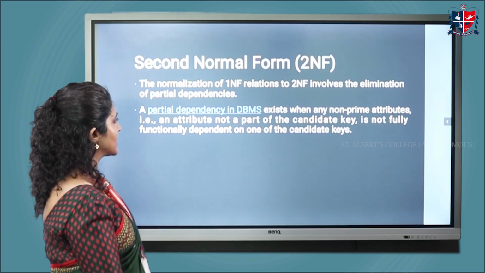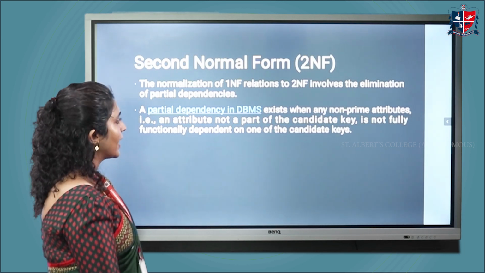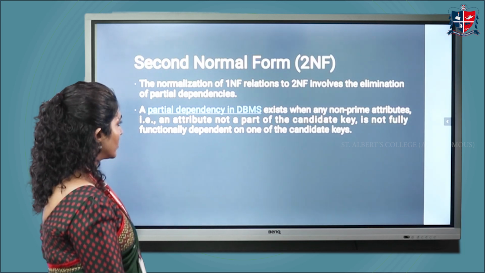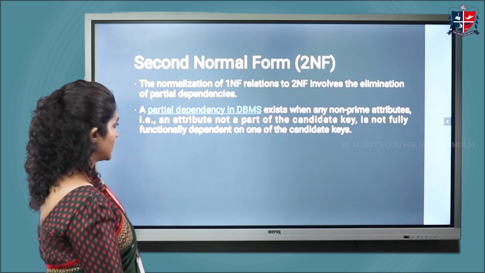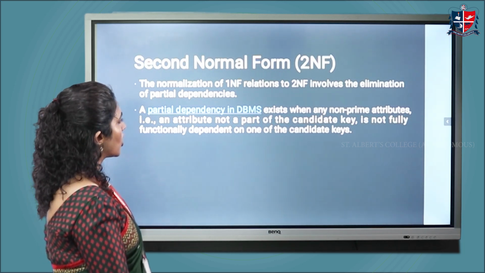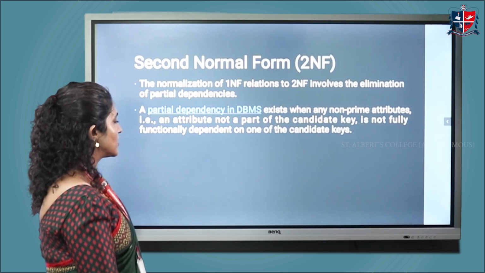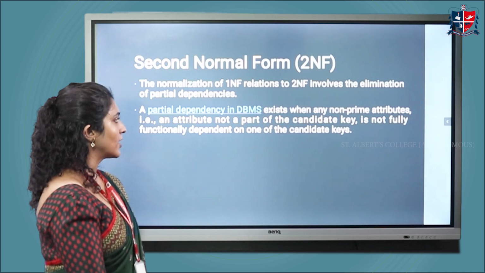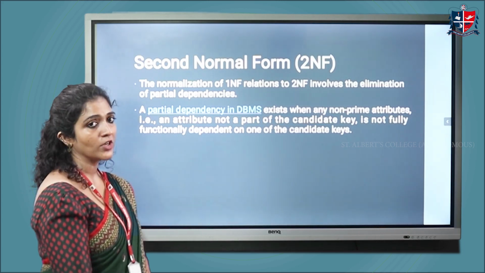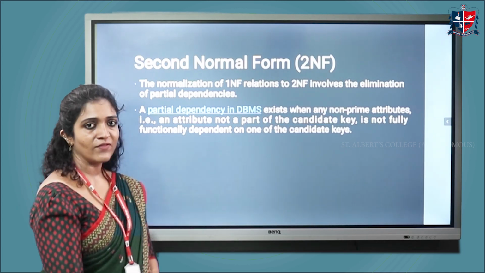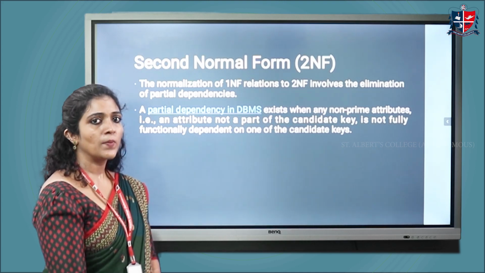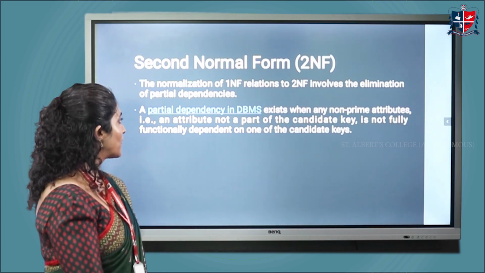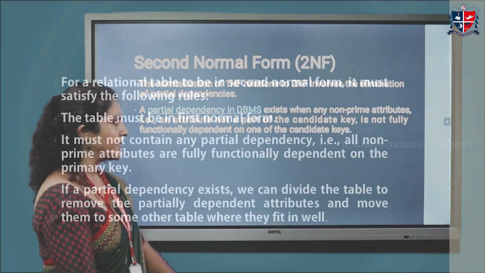A partial dependency in a database system exists when any non-prime attribute, that is, an attribute not a part of the candidate key, is not fully functionally dependent on one of the candidate keys. So this is the definition of partial dependency. By having the second normal form, we reduce the partial dependencies from the database tables.